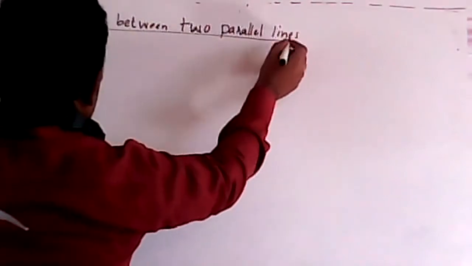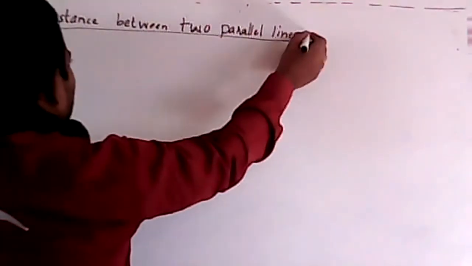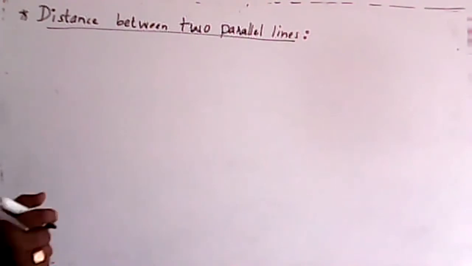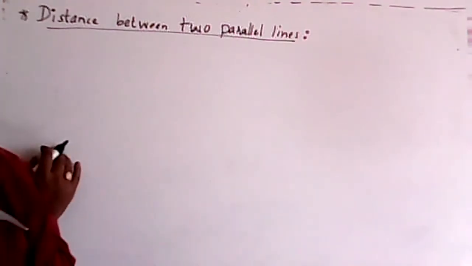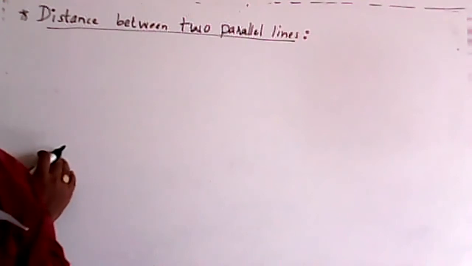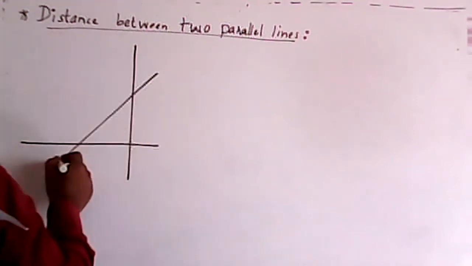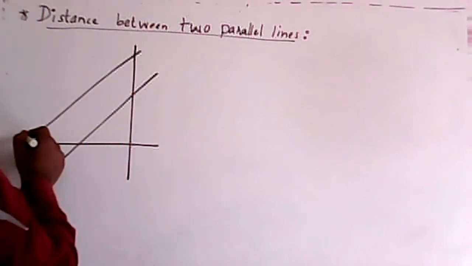Let us see how it looks. For this, we simply have to consider two parallel lines. Let me take the diagram. There are two parallel lines.